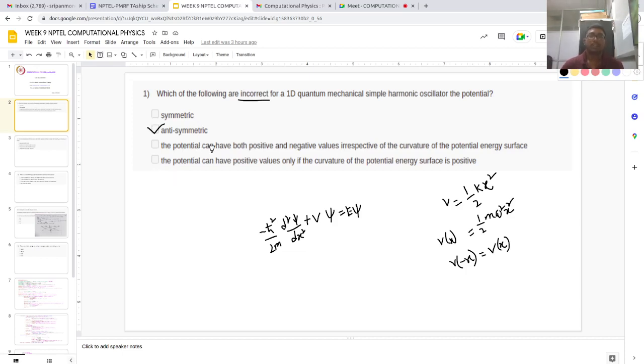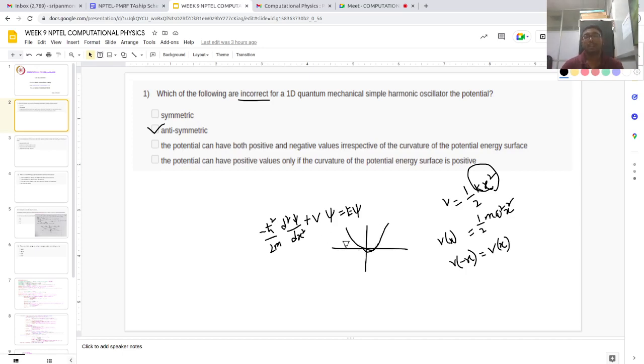Also, the statement that the potential can have both positive and negative values irrespective of the curvature of the potential energy surface. Now as you see, this potential cannot have any negative value. Why? Because you have an x squared, so it will look like this.